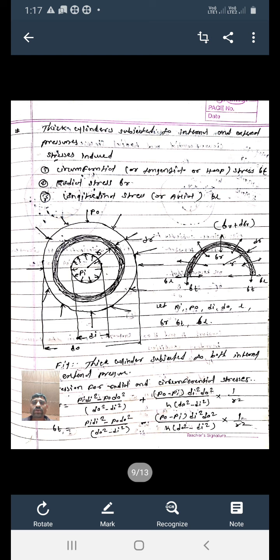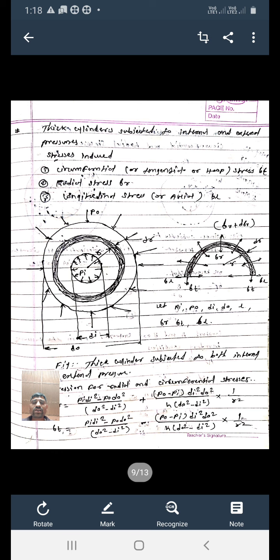And in the second figure, I have considered one elemental ring of the thick cylinder of radius r, small r, and radial thickness dr, as shown in the second figure.